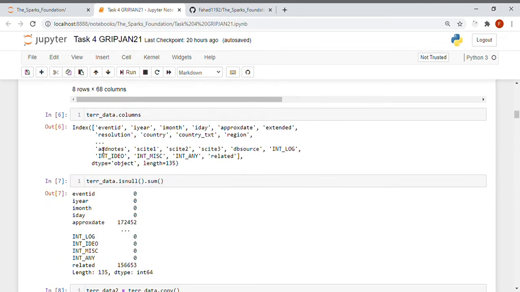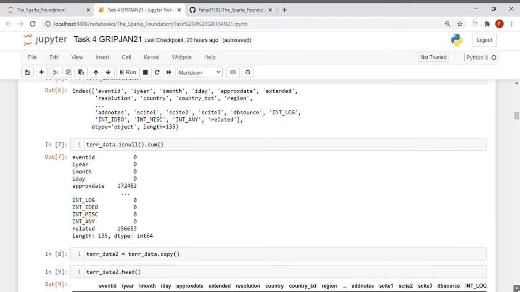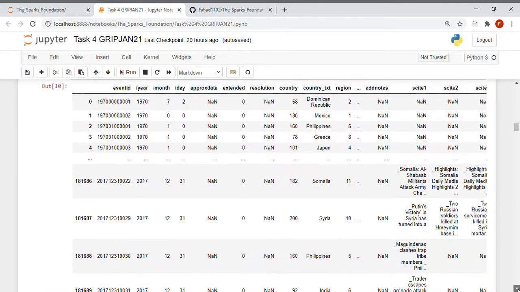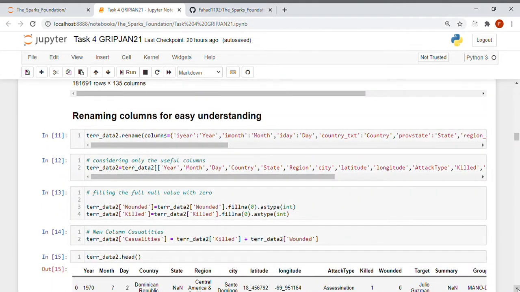There are plenty of columns. Actually, it is a very big dataset, around 150 MB. So there are a lot of columns, but we will not use all of those. We will truncate it into some columns which we will use in our analysis.